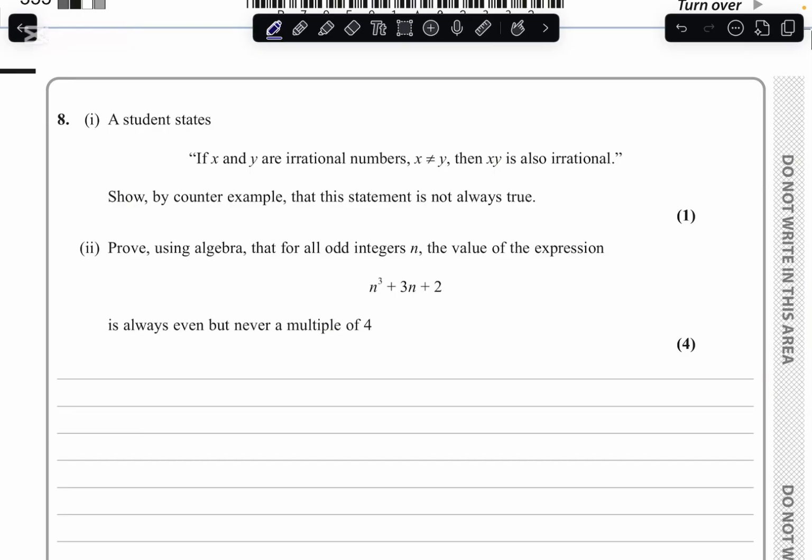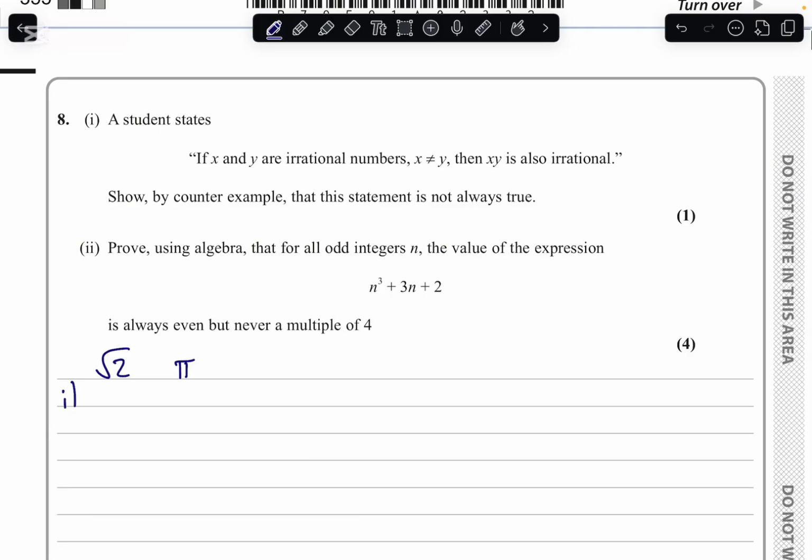For example, root 2 or pi is irrational. Now, it may seem difficult to determine what values to pick, but we can pick values that when multiplied, make sure that the irrational numbers are cancelled out.